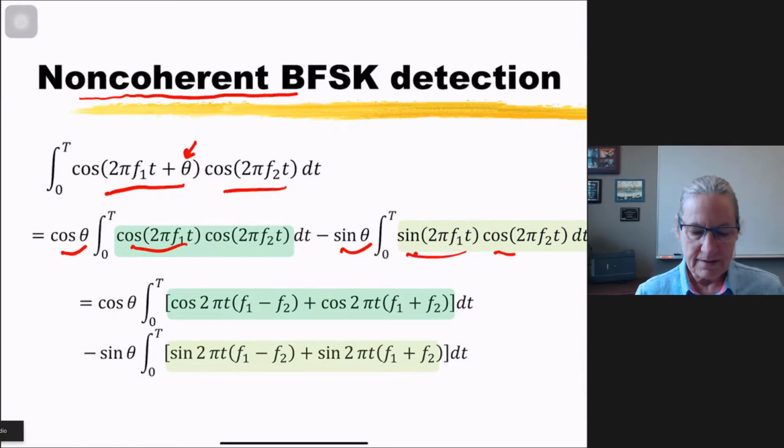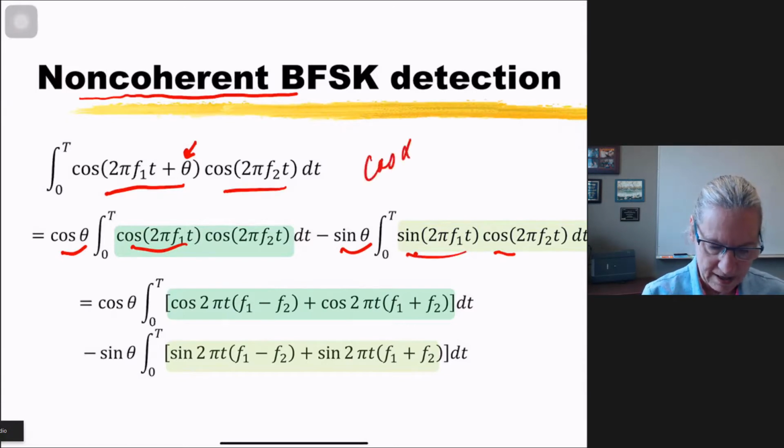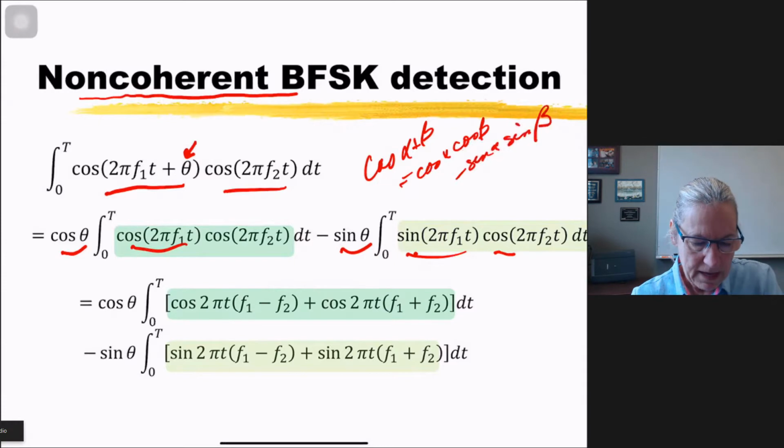So cosine of alpha plus beta is cosine alpha, cosine beta, minus sine alpha, sine beta. Yeah, that's a lot clearer than what I said. So I apply that here as my first manipulation.